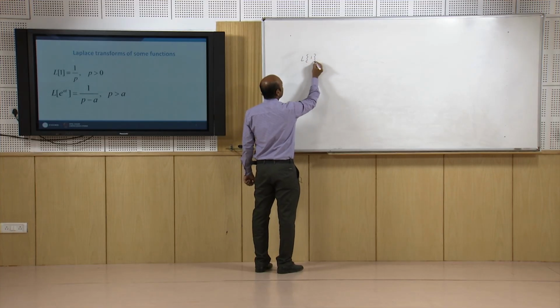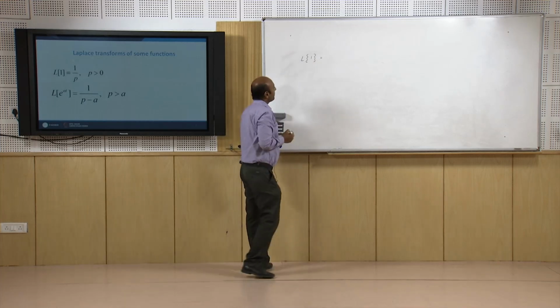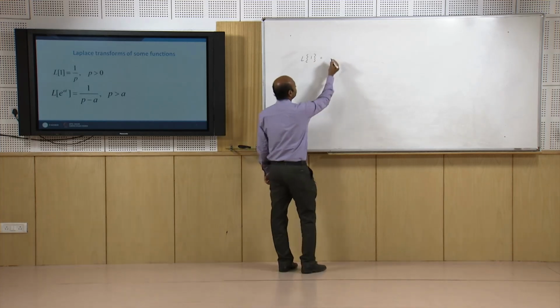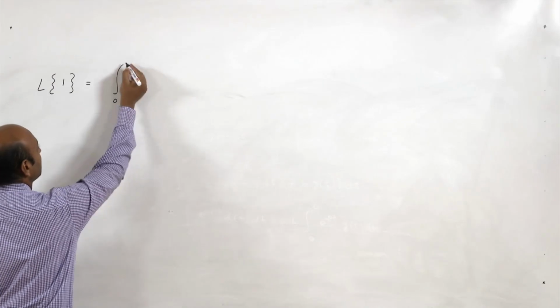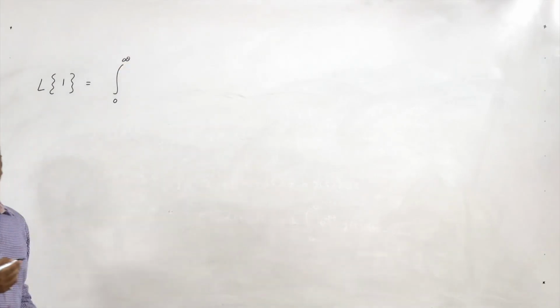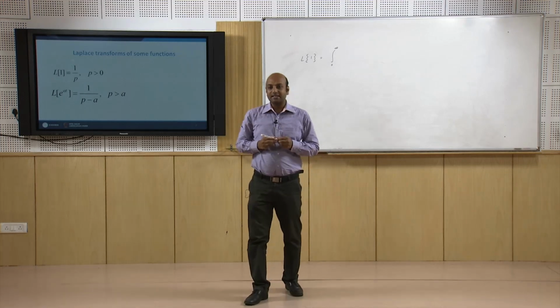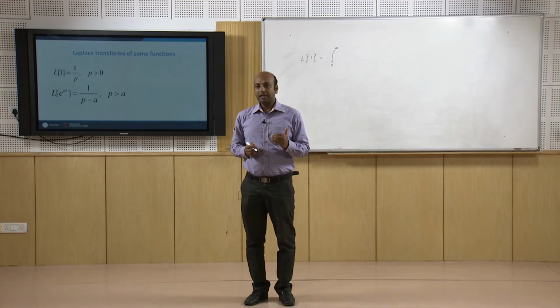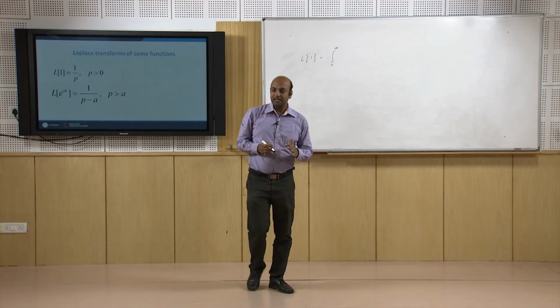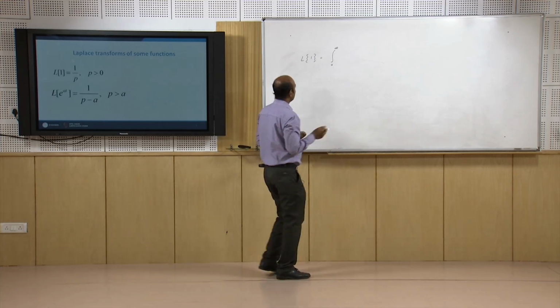So how will we find the Laplace transform of 1? You apply the definition. What is the Laplace transform of f(t)? It is nothing but the integral from 0 to infinity of e to the power minus pt f(t) dt, what we have studied.